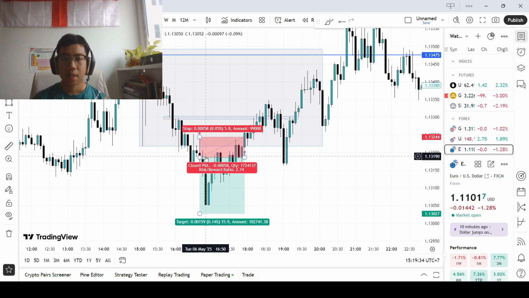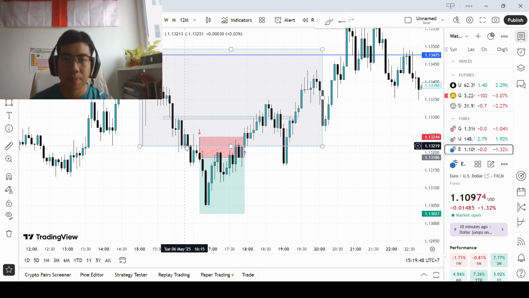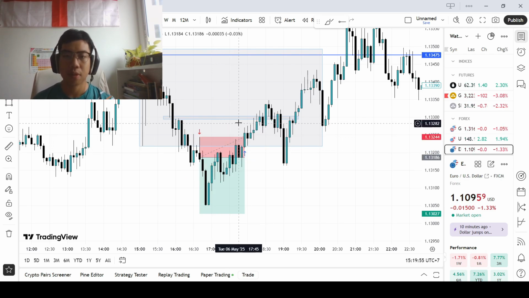So this candle right here hit the order block. As you can see, it already took out a point of liquidity right here. It broke structure down and it rallied back up and hit the order block.